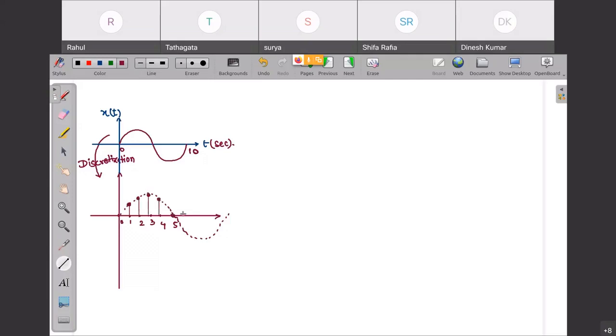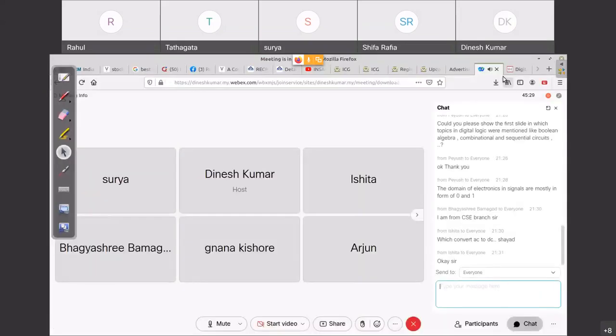But one thing you can note: is this signal continuous in the amplitude domain, in the y-axis? Yes or no? Tell me.